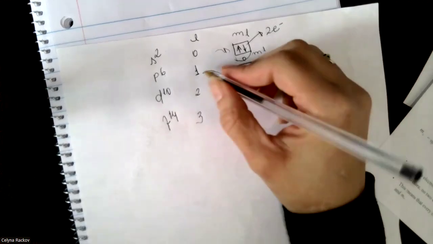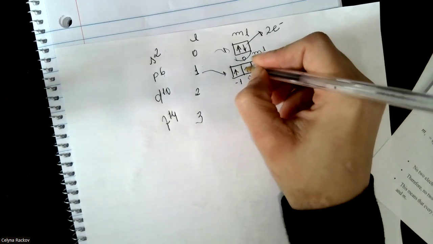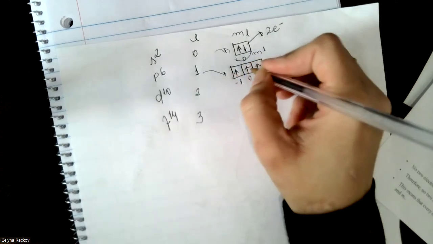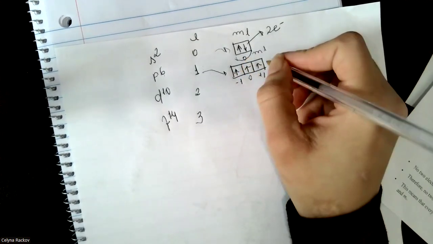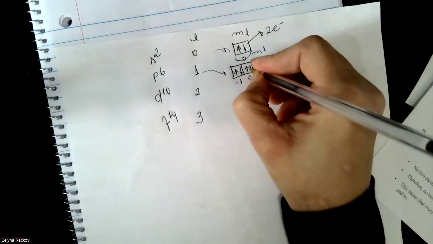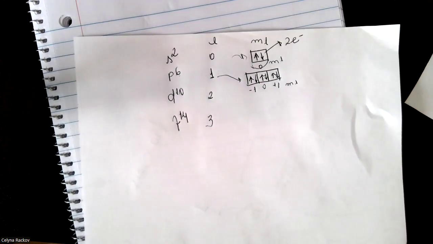right? Okay. So P6, 1 electron, 2, 3. And then after you go up and use all the orbitals, you go back and write down, down, down. This is about one of the rules that we talked about, right?